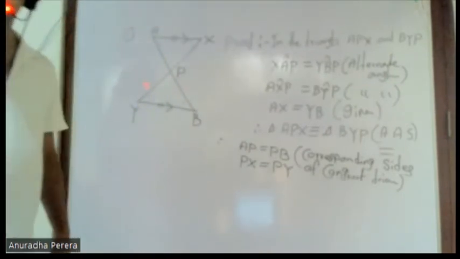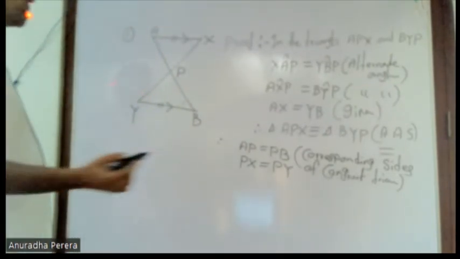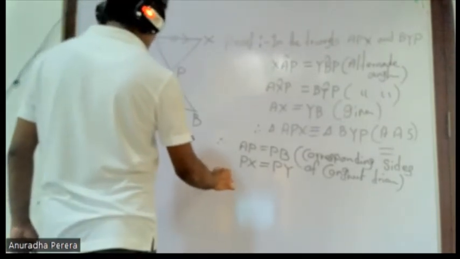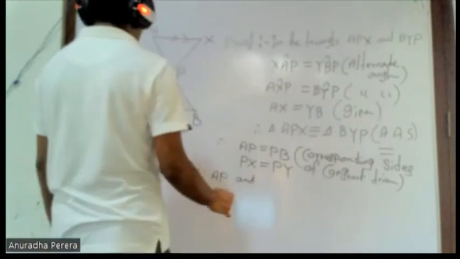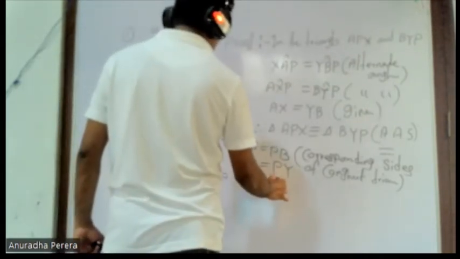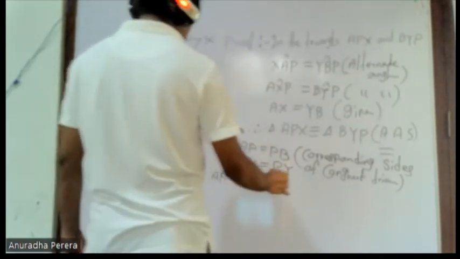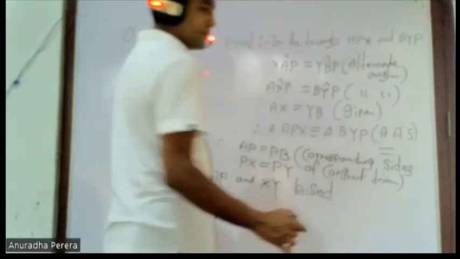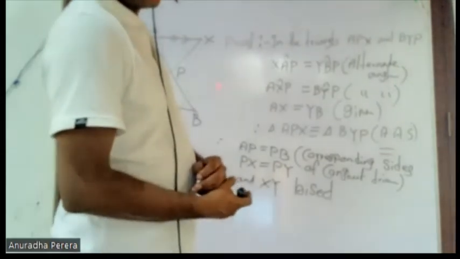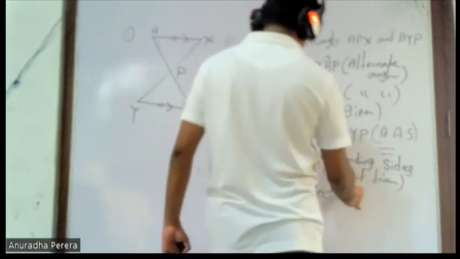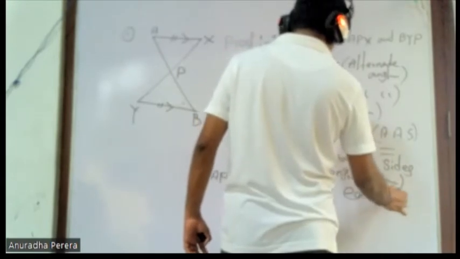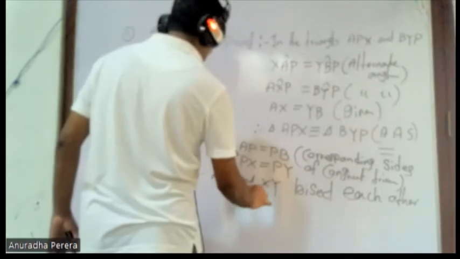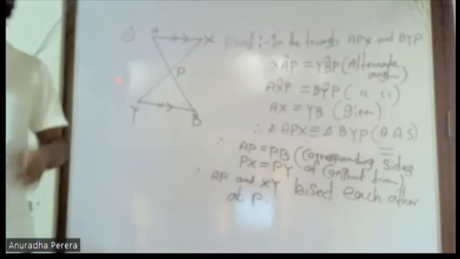AP equals BP. Therefore, AB and XY bisect each other at P. Each other at P.